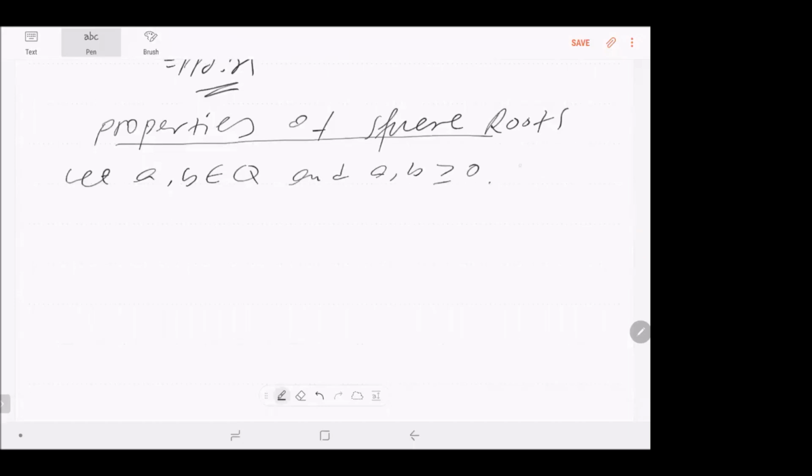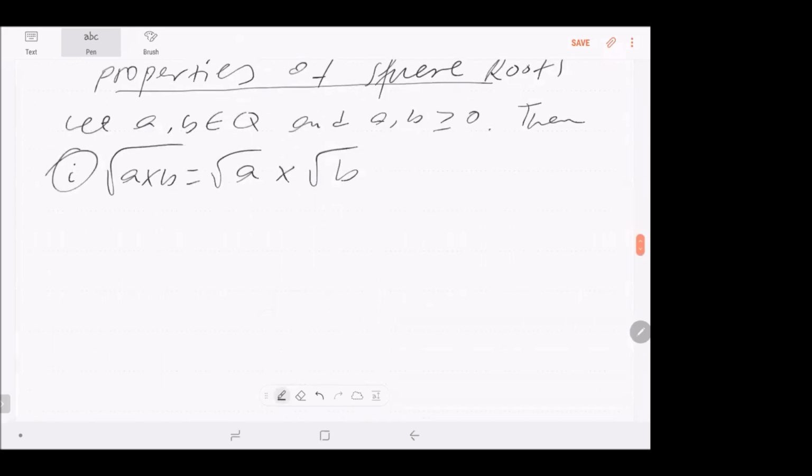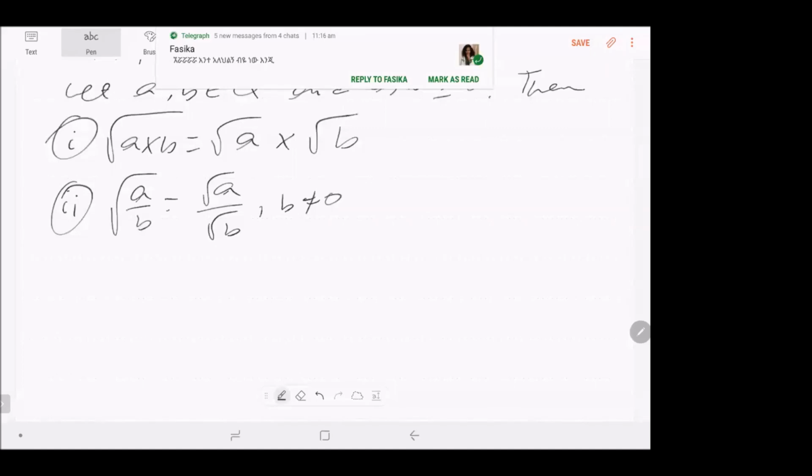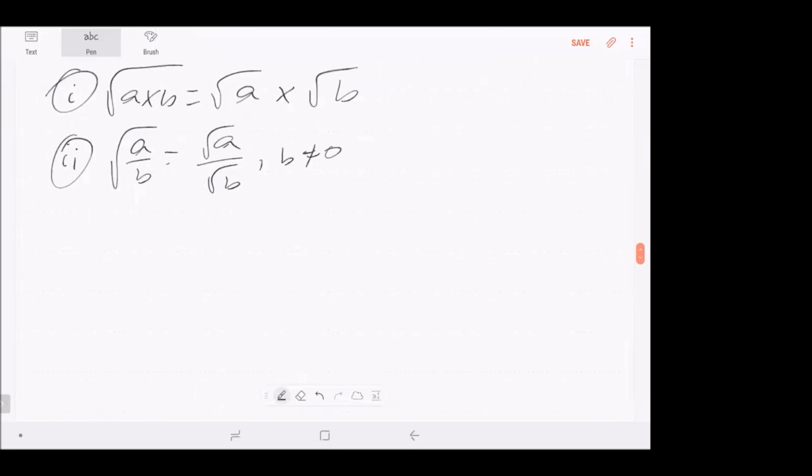Then, by property, the square root of A times B means the square root of A times the square root of B. This is the first property. When we solve problems, these properties are important. And the second property: the square root of A over B is equal to the square root of A over the square root of B. For this case, B must be different from 0. So these two properties are very important when we solve problems.